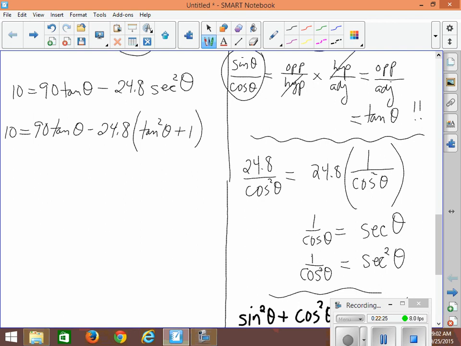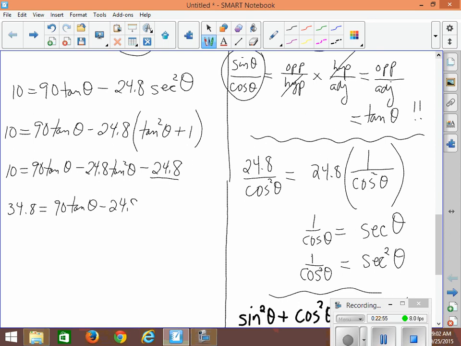Let's do some algebra. 10 equals 90 tan theta minus 24.8 tan squared theta, and then minus 24.8, which is times 1. Let's group our like terms. If I move this over to the other side, it will become positive and add to the 10 to make 34.8 equals 90 tan theta minus 24.8 tan squared theta.